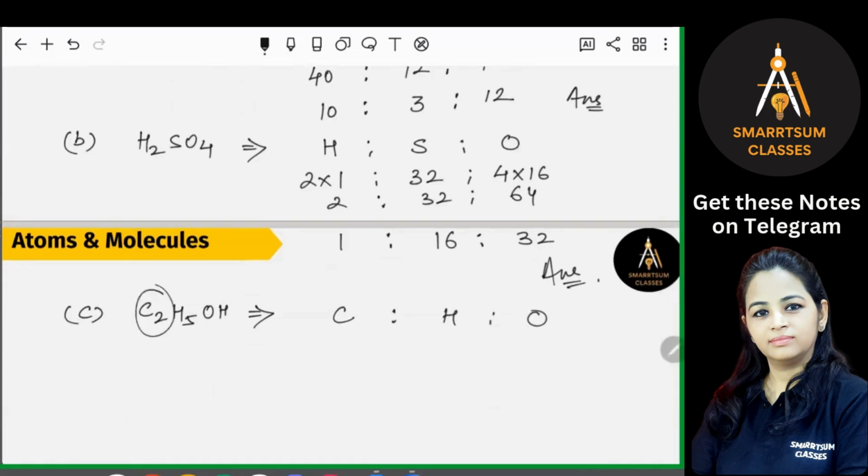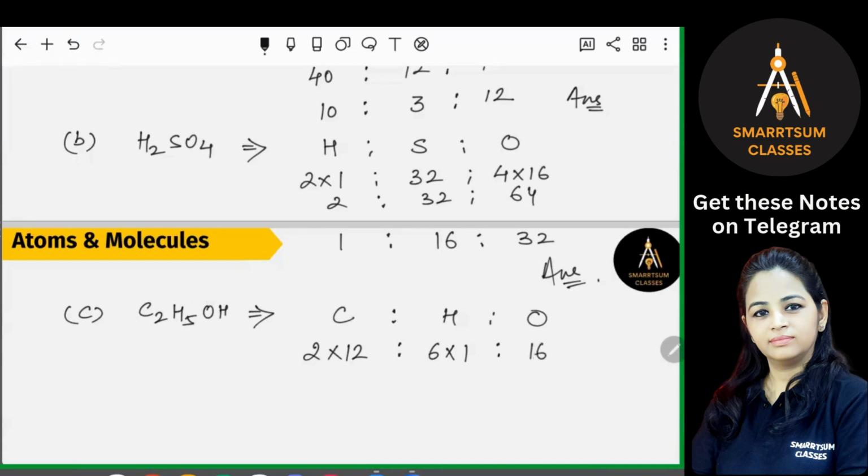There are 2 carbon atoms, so 2 into 12, as the atomic mass of carbon is 12. How many hydrogen atoms are there? 5 are here and 1 is here. So a total of 6 hydrogen atoms are there, and each hydrogen atom has a mass of 1 AMU. So 6 into 1. And only 1 atom of oxygen is there, so it is 16.